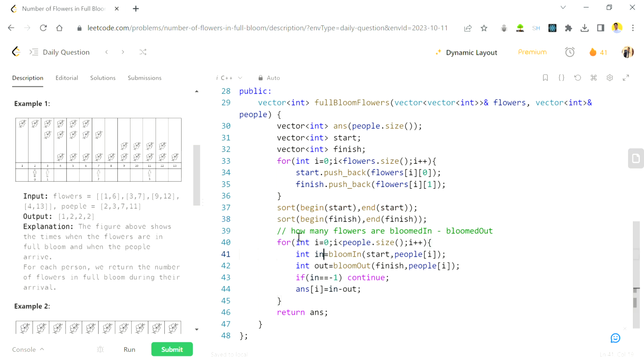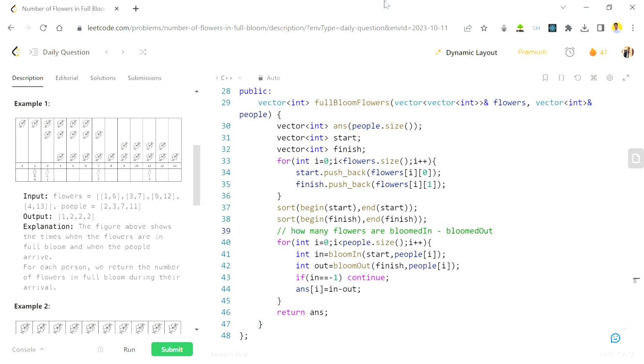Basically the concept here is that the number of flowers at a particular index i for the people is bloomed in minus bloomed out. So I have to count the number of flowers which are bloomed in for a person standing at index i, and deduct all the bloomed out flowers.